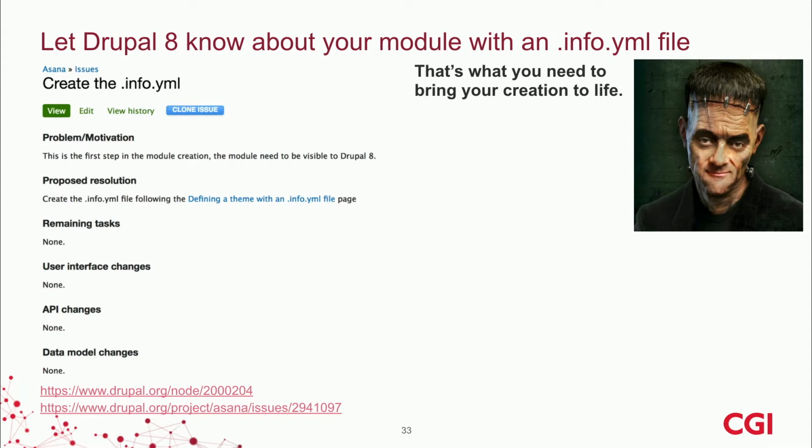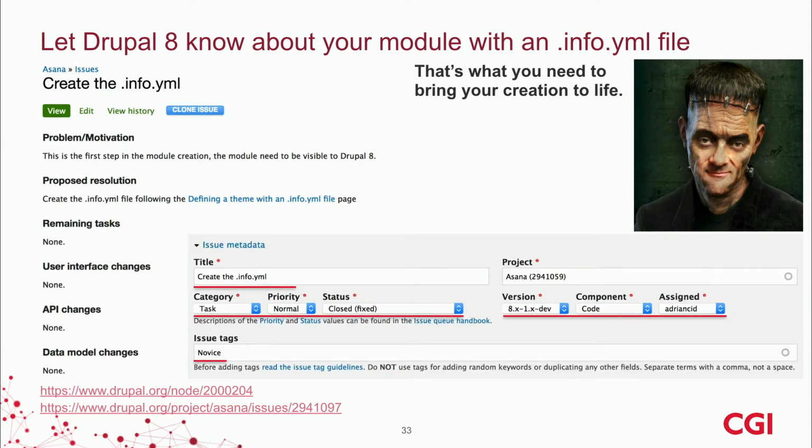This is an issue. Usually, the issue for your info file will look like this. What do we need to create an issue? We need the title, the category: task, bug report, feature request or support request, the priority, the status, version, component, who will fix the issue, who is working on the issue.